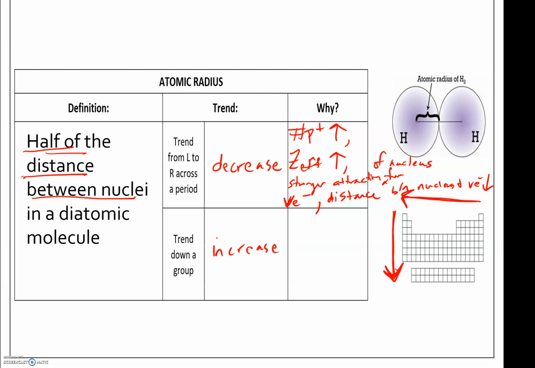The bigger reason has to do with the fact that the valence electrons are located on a higher energy level, which is a farther distance from the nucleus.